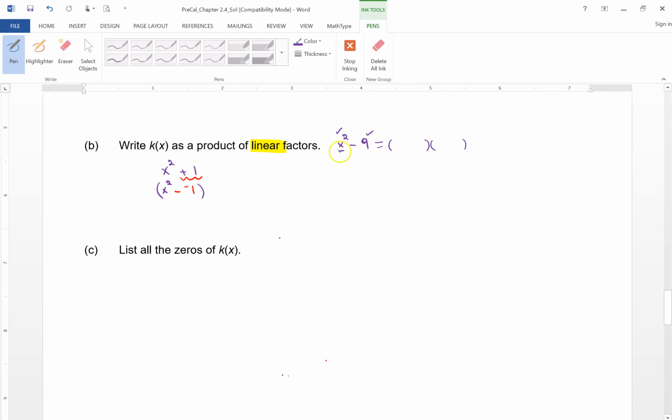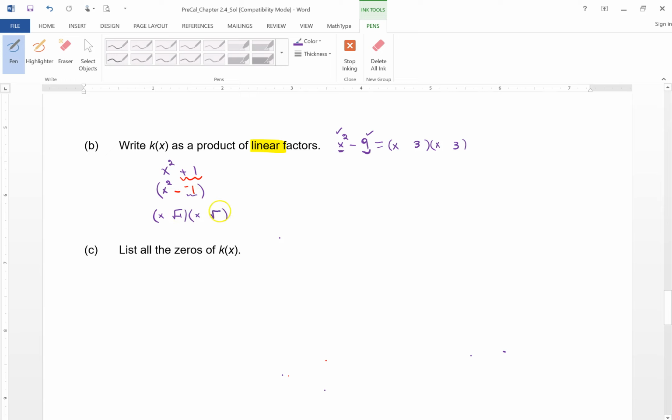I basically take the square root of the first one, x, x, the square root of the second one, 3, 3. Okay? So here, what I'm going to do is take the square root of the first one, x, x. Now I'm going to take the square root of the second one.